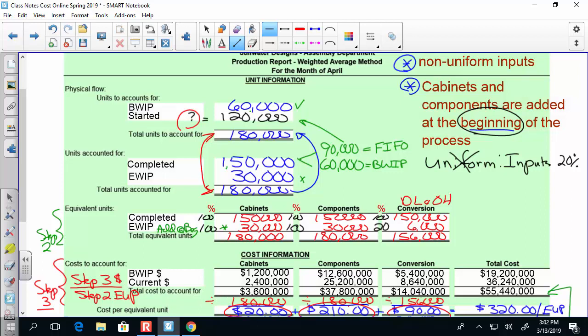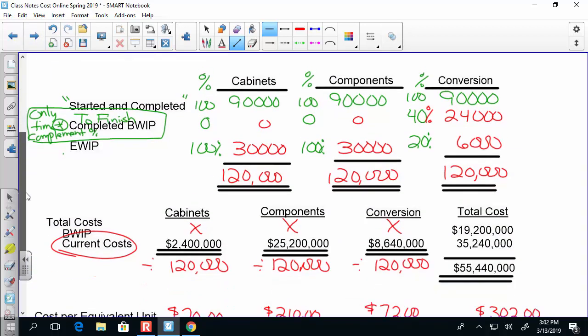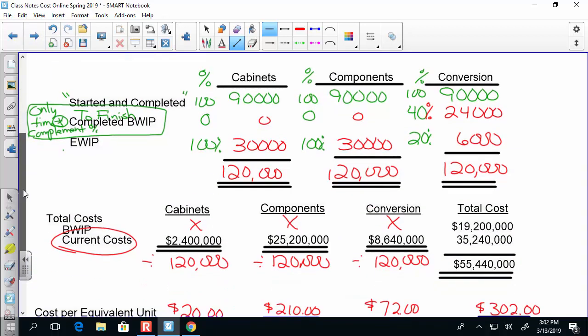So that must mean under FIFO, my started and completed must be 90. So that's where that number is coming from. I had to back into it using our completed number of 150, subtracting out, well, that contains 60,000 beginning units from a prior month, which gives us the 90 number. So 90,000 was started and completed, 100% always, right?